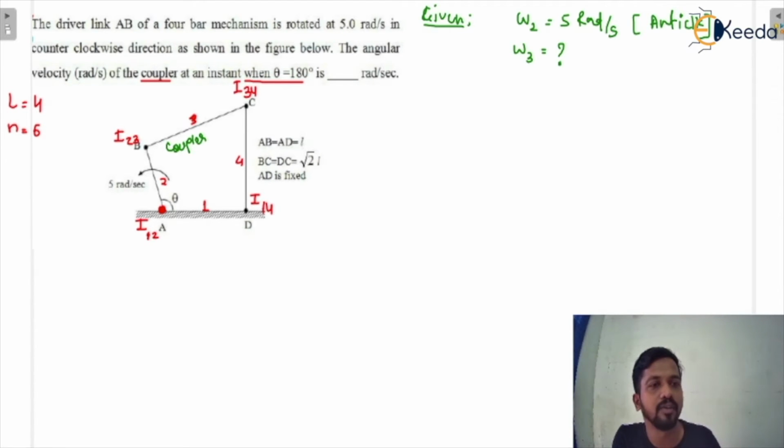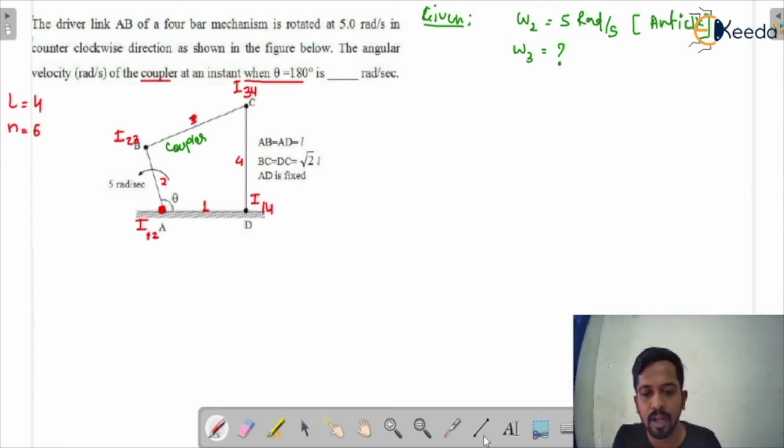So we will draw according to the question. We will do the diagram. Now this is our fixed link, and this is finally the coupler.